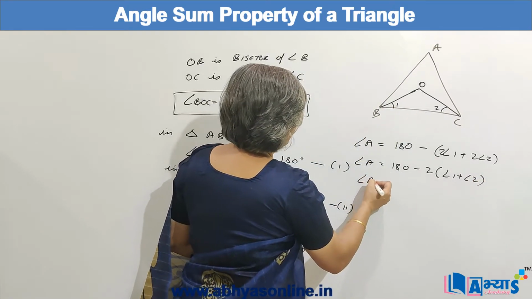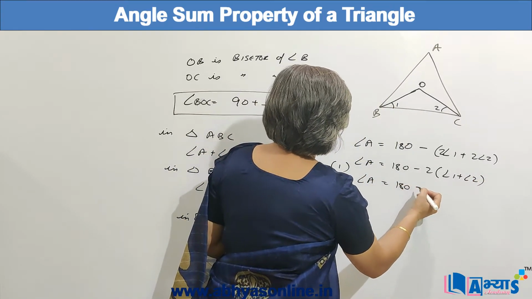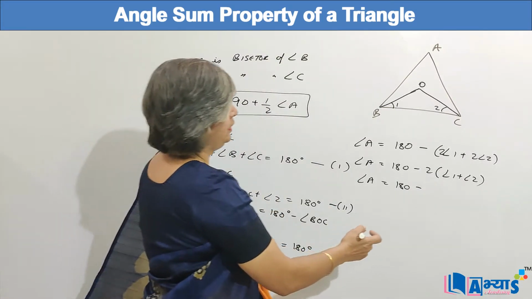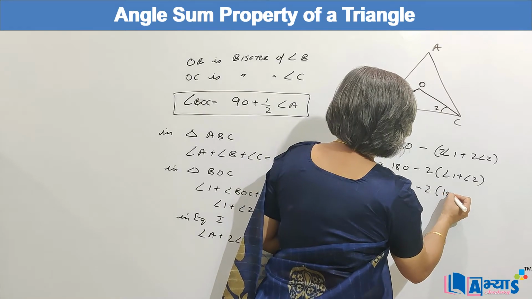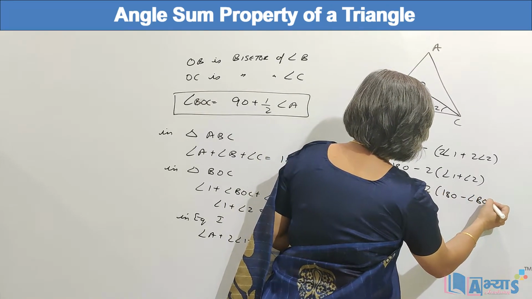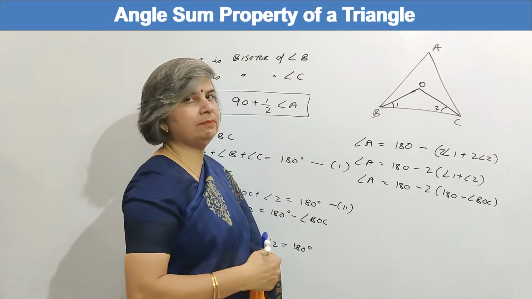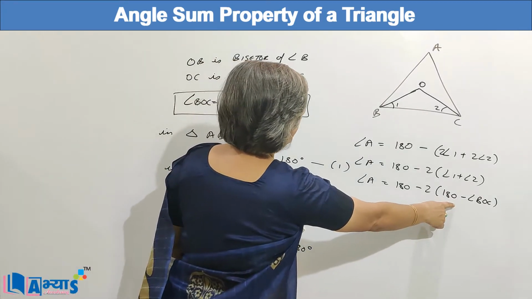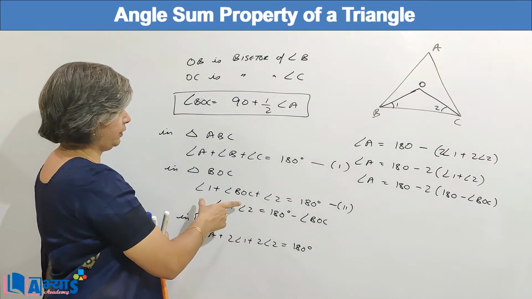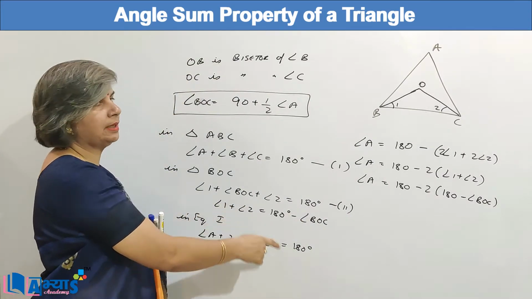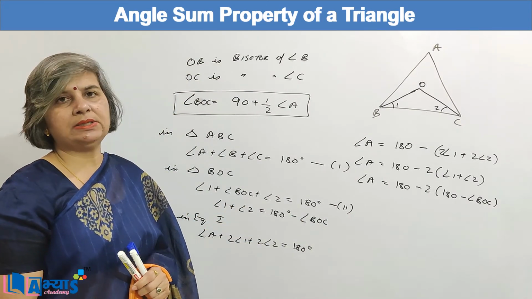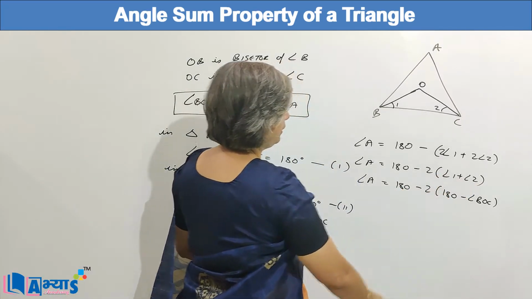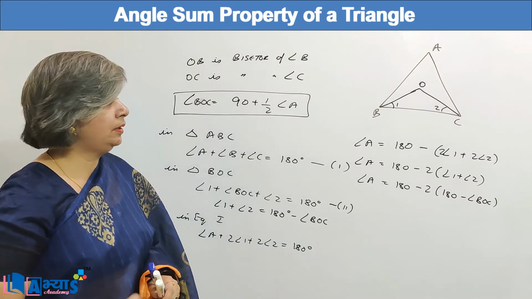Angle 1 plus angle 2 is 180 minus angle BOC, so angle A is 180 minus 2 into half of 180 minus angle BOC. This statement we have found from this relation, angle 1 plus angle 2 is equal to 180 minus angle BOC. So we have replaced the value of angle 1 plus angle 2 with 180 minus angle BOC.